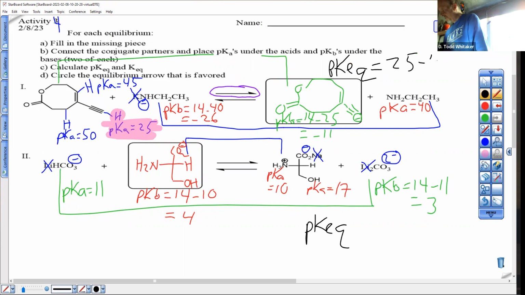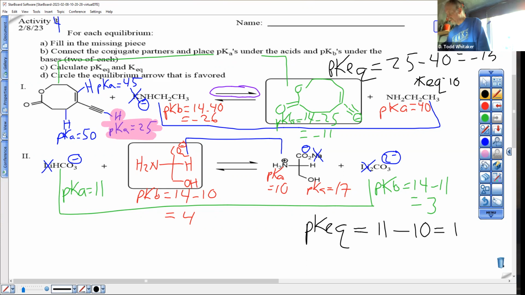Right pKa was 40. Negative 15. Here the left pKa was 11. The right pKa was 10. And up here, Keq equals 10 to the positive 15. Here, Keq equals 10 to the negative 1.